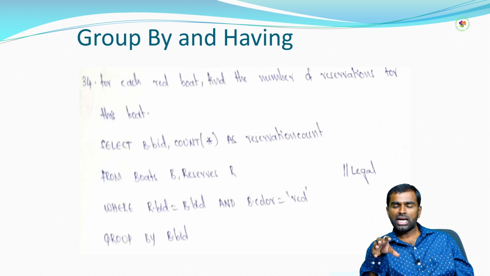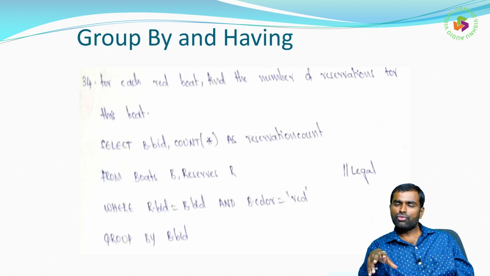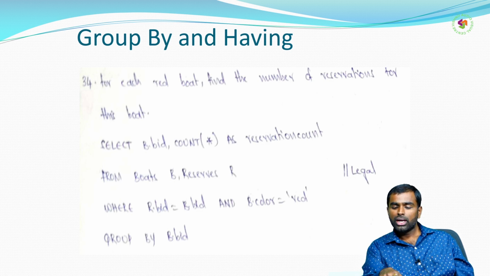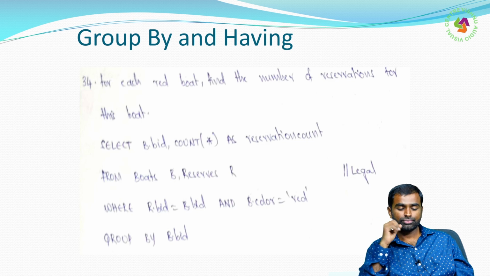Once you understand the case study, these are all queries I am discussing on the same case study. For different case studies also we can follow a similar procedure. For each red boat, find the number of reservations: select B.bid, comma count of star as reservation count.